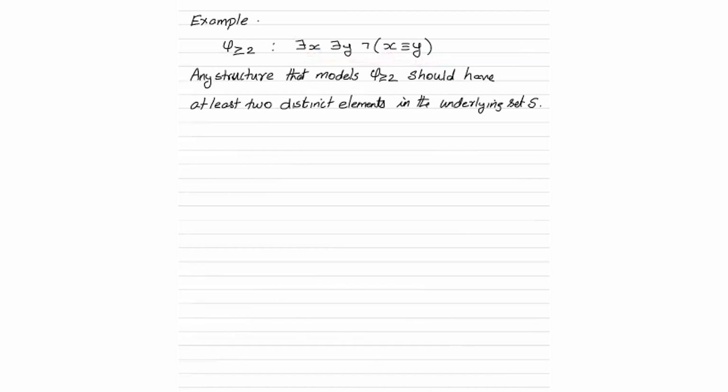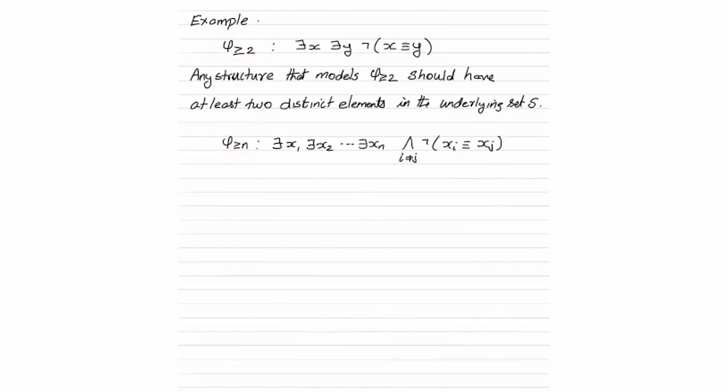So this formula insists that any structure or model which satisfies it should have at least two distinct elements in the underlying set. That's what this formula ensures. You can generalize it to a slightly more sophisticated formula, which ensures that there are at least n elements in the underlying set.